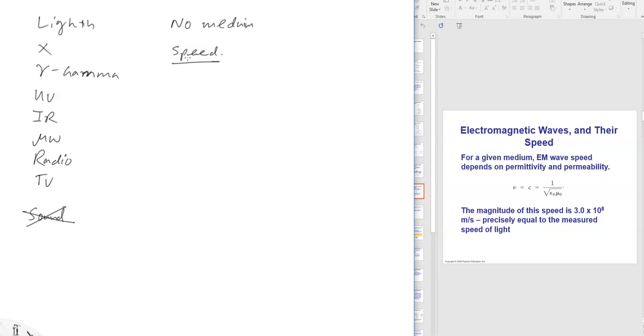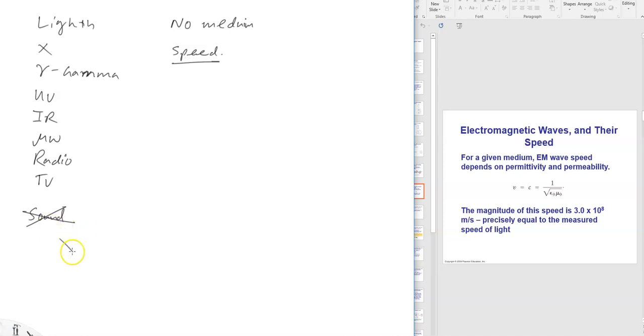So when I say no medium, it means it doesn't need any material to generate. It can go through vacuum, it can go through certain mediums, like we know that light travels through air, it travels through water, but it doesn't need a medium. That's the point, right? Even without a medium it can travel.